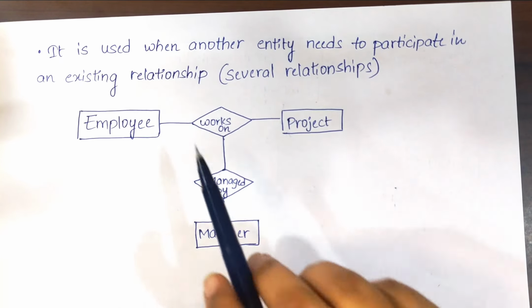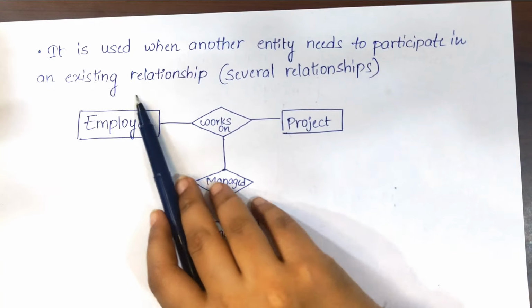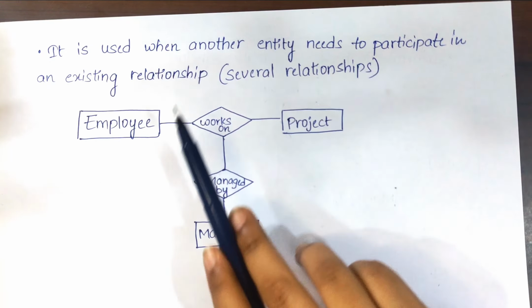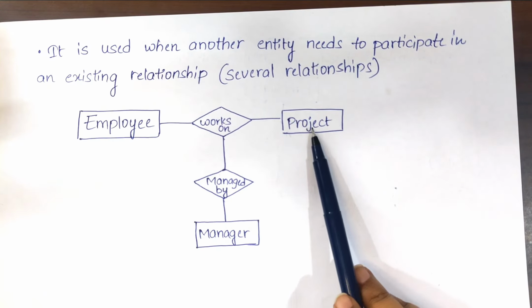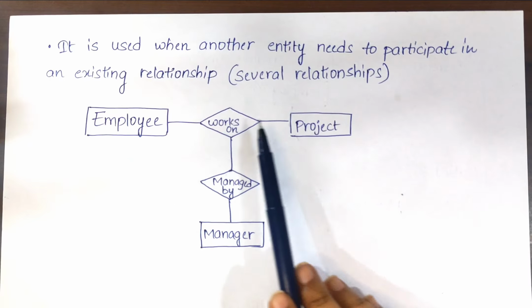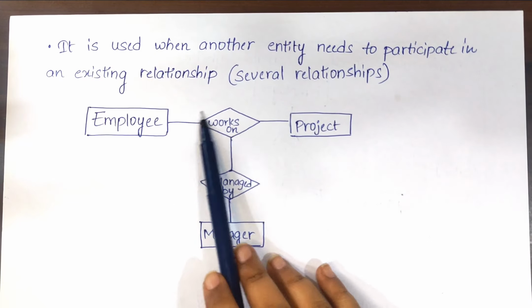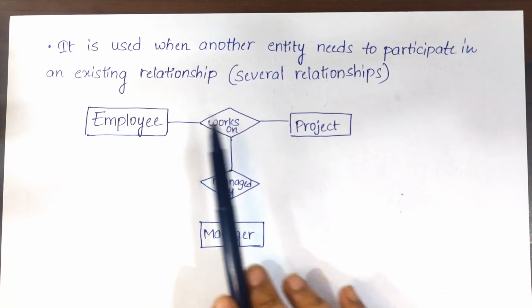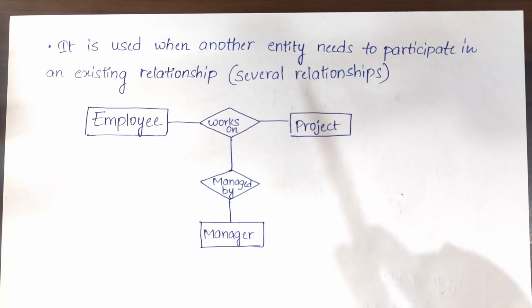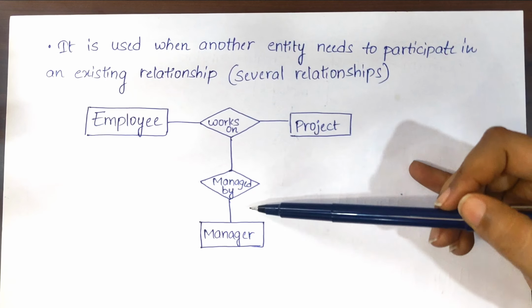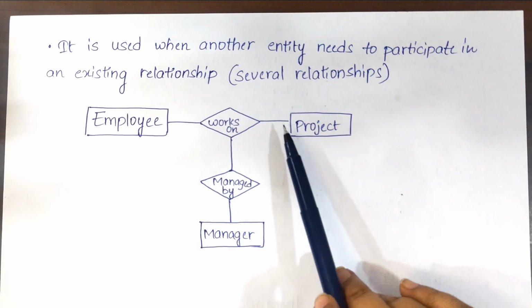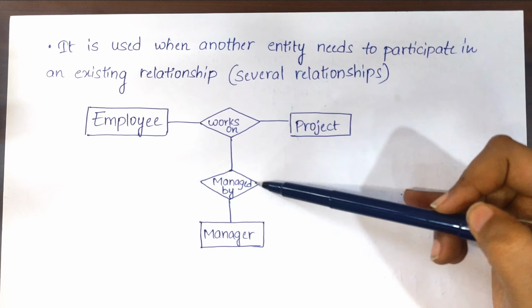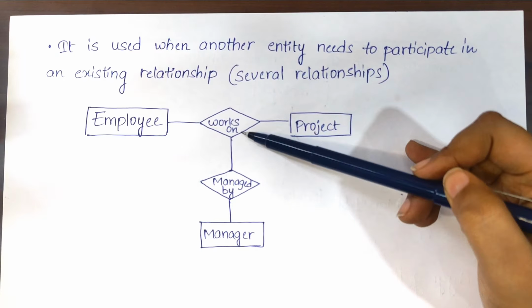As I said, it is used when another entity needs to participate in an existing relationship. So several relationships are created inside a single relationship. Here employee works on a project. It is one relationship connecting the two entities. When a manager wants to supervise the project that the employee is working on, he is related to that project, like the manager manages that work.